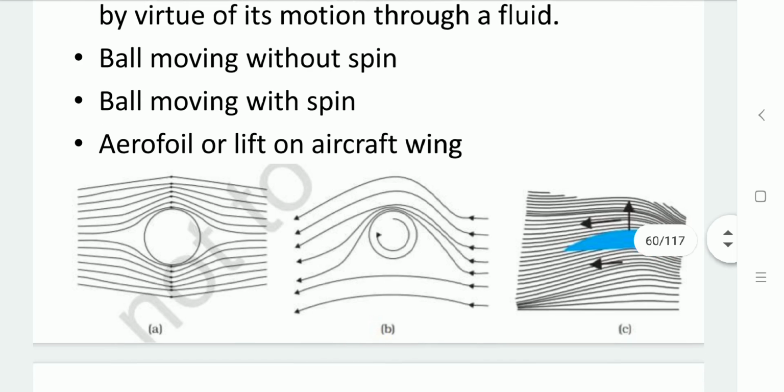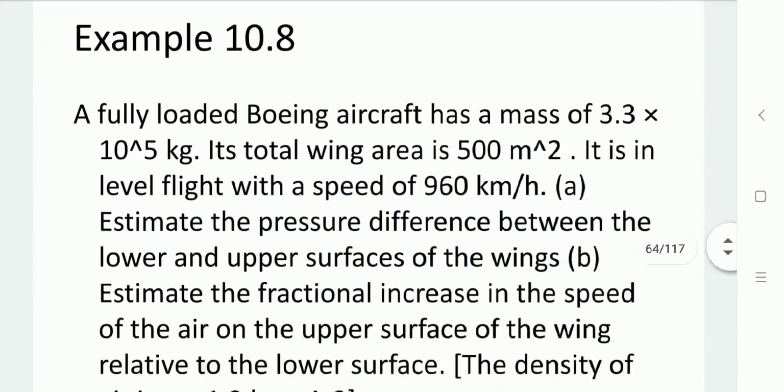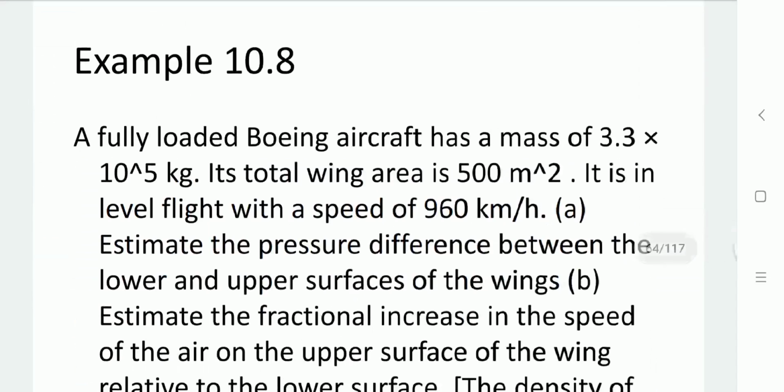Right? Let us understand an example regarding the same. A fully loaded Boeing aircraft has a mass of 3.3 × 10^5 kilogram. Its total wing area is 500 meter square. It is in level flight with a speed of 960 km per hour.